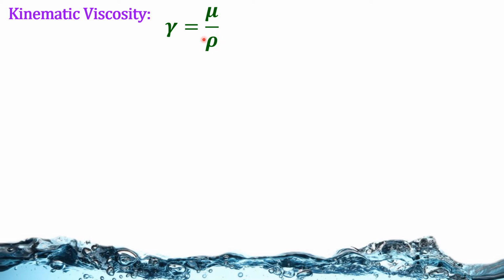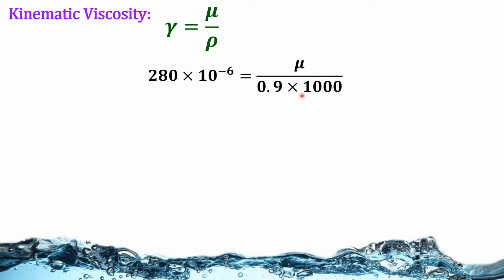Multiplying the specific gravity of the liquid by the density of the standard fluid, we get the density of the liquid. Therefore, substituting the kinematic viscosity, and mu divided by the specific gravity, 0.9, and the density of the standard fluid, that is water, 1000, we get mu is equal to 0.252 Newton second per meter square.